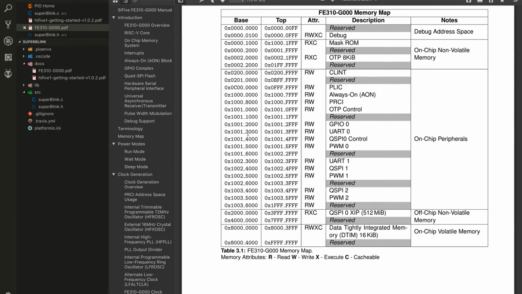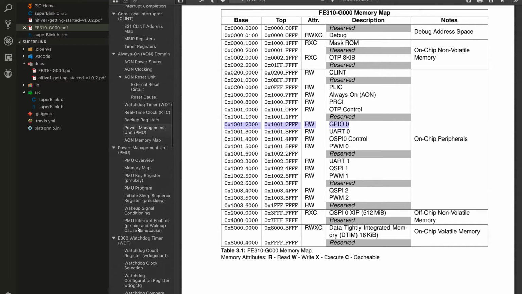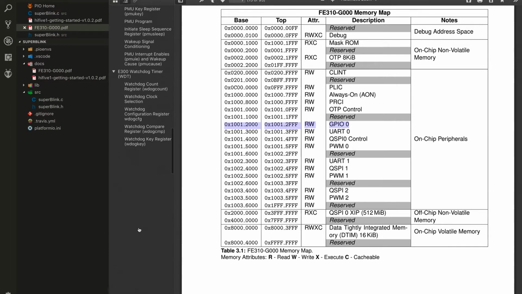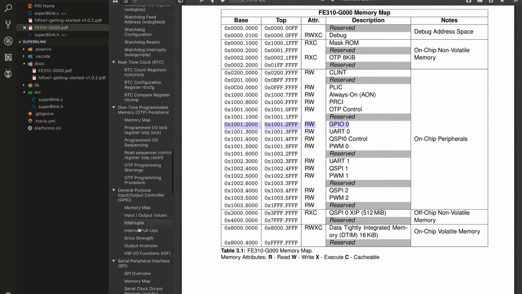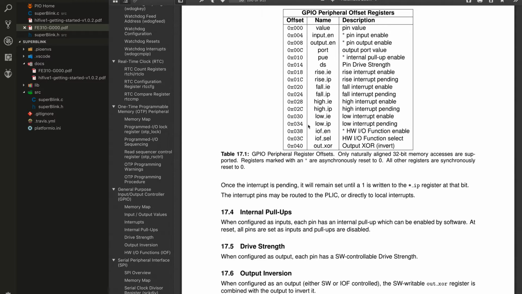And we cared a lot about this one right here, which is our GPIO. There we go. And this is our base address. And then from there, we go down to our GPIO chapter, our GPIO section, and we find that we have all of the registers here.